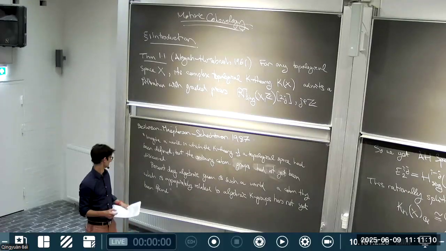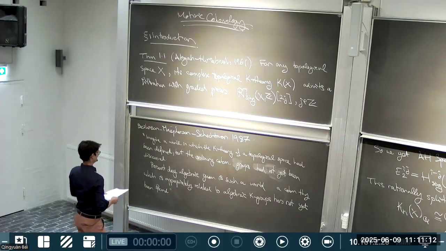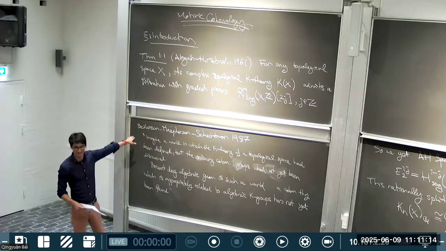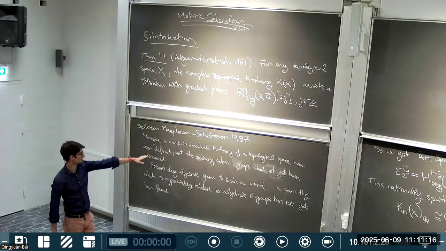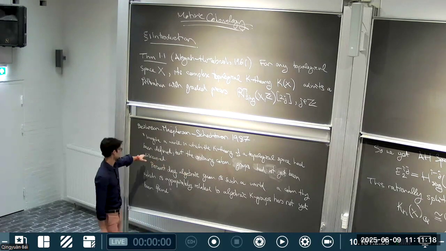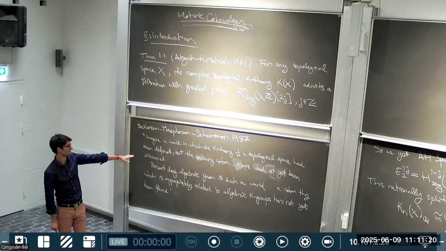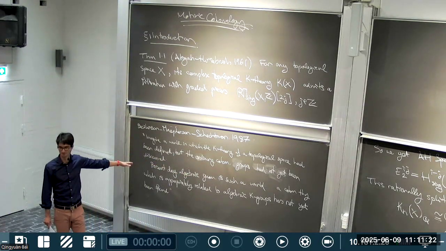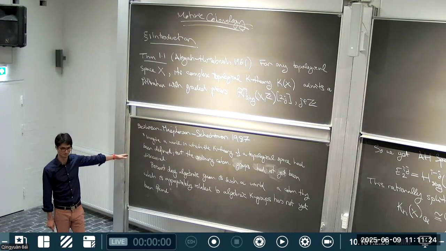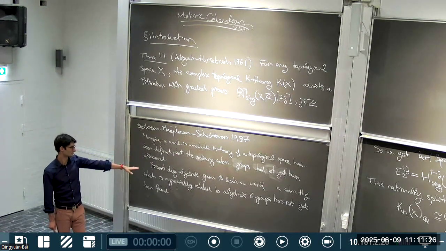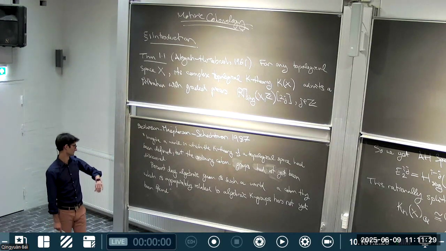And they write in the introduction of that paper, imagine a world in which the K-theory of topological spaces had been defined, but the ordinary cohomology groups had not yet been discovered. Present-day algebraic geometry is such a world.